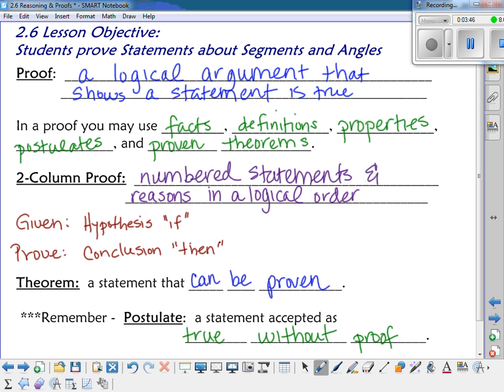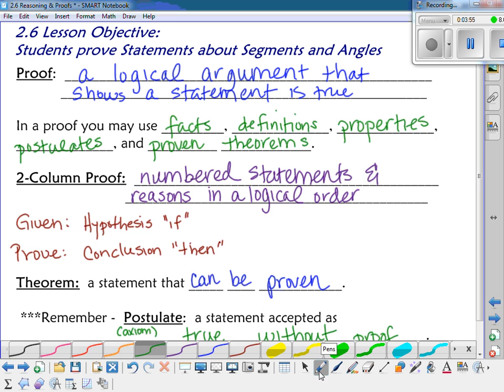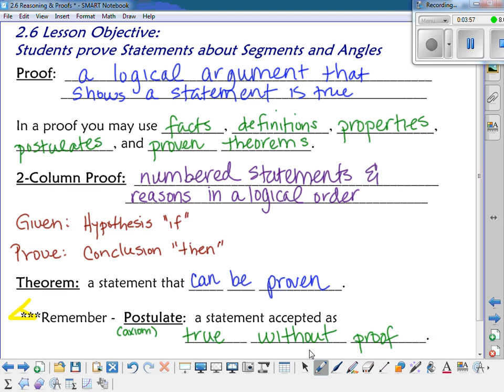Remember, another word for postulate is axiom, in case that shows up. So it's really important that you know the difference between a theorem and a postulate.